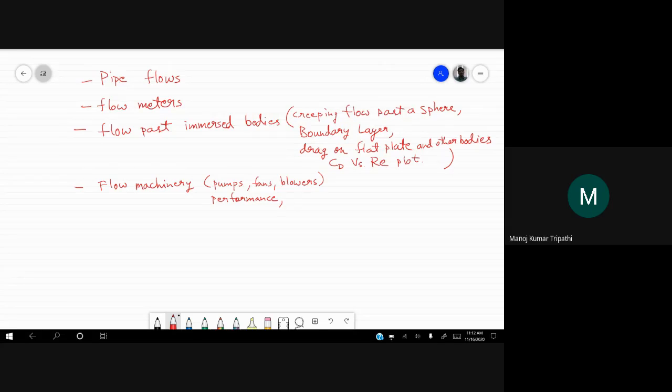So there is a related topic called NPSH, net positive suction head, which is related to cavitation. That has to be kept in mind while placing a pump or designing a pump. Then there is a topic on priming of pumps.